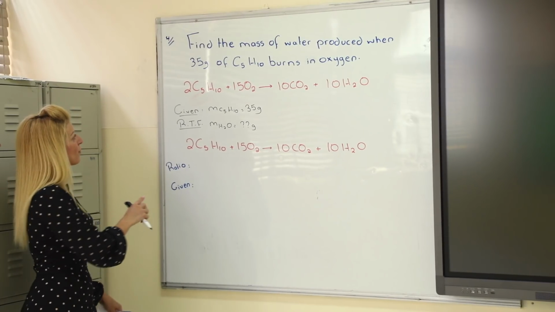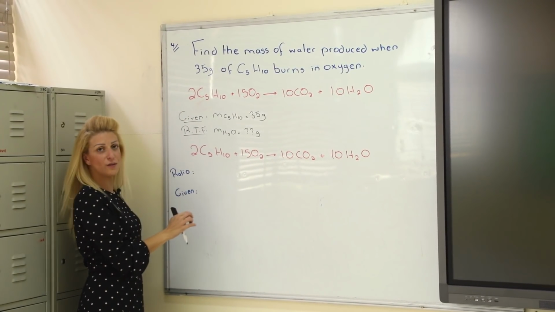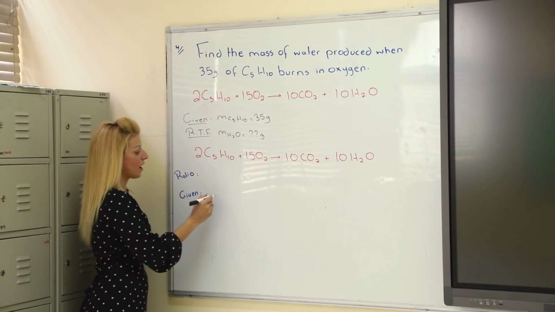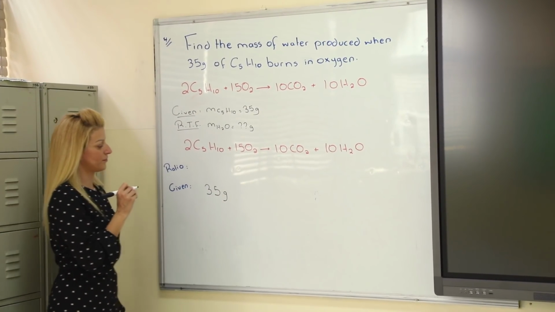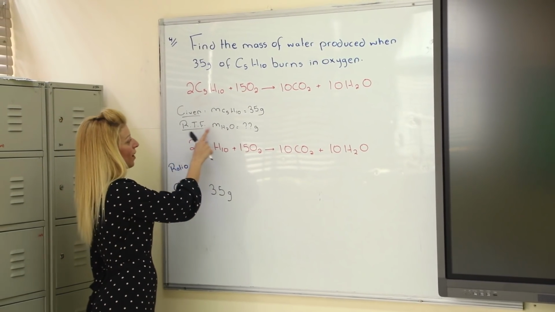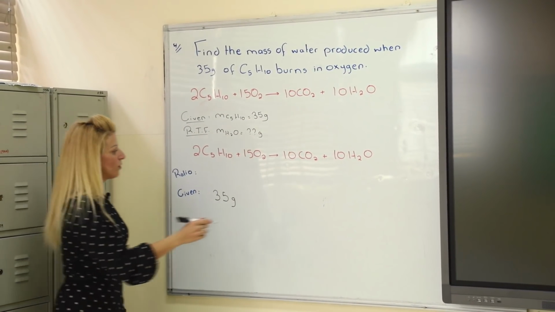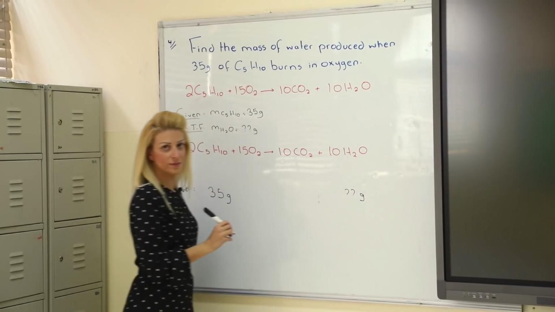So the given from the original equation is 35 grams of C5H10. So under C5H10, I'll write 35 grams. The required to find is the mass of water that will form. So under water, we write how many grams.